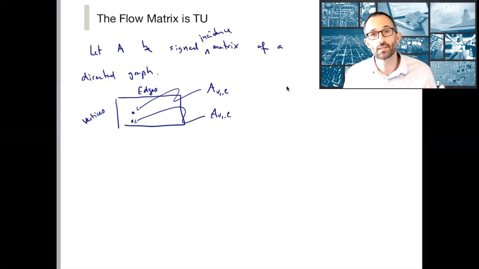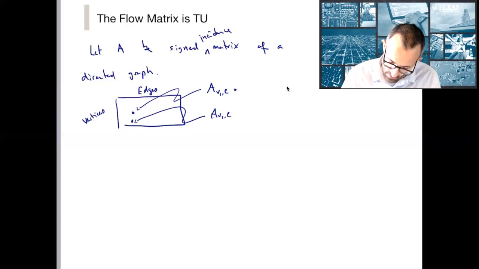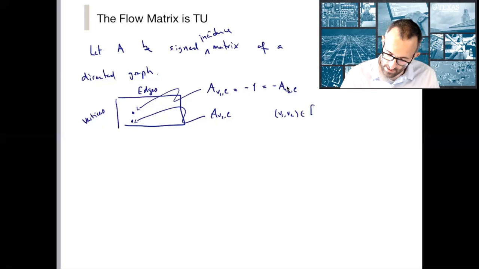Anyway, the constraint is Ax equals 0. So that doesn't matter. But basically, let's just say that this is equal to minus 1, and this has to equal negative A(v2, e), if the edge directed from v1 to v2 belongs to E, and otherwise it's 0.